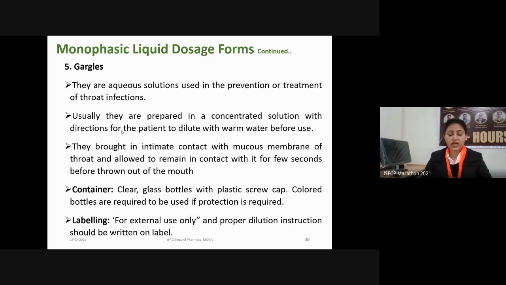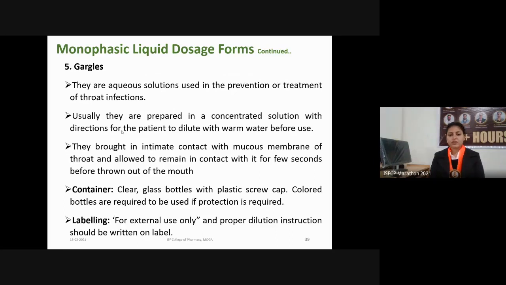Our fifth monophasic dosage form is gargles. They are aqueous solutions used in the prevention or treatment of throat infections. Usually, they are prepared as concentrated solutions with directions for the patients to dilute with warm water before use.